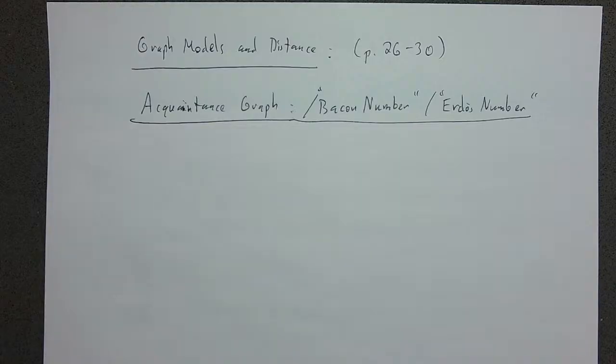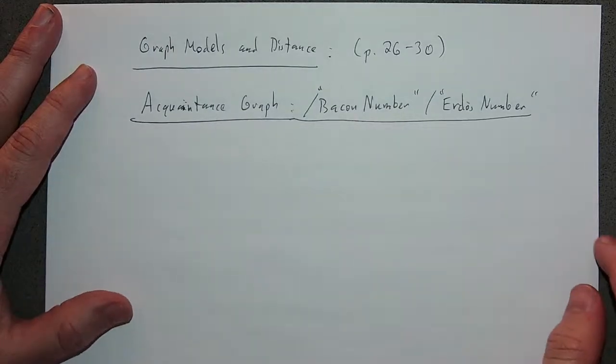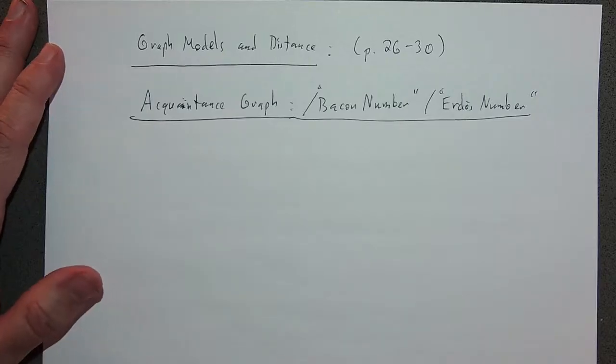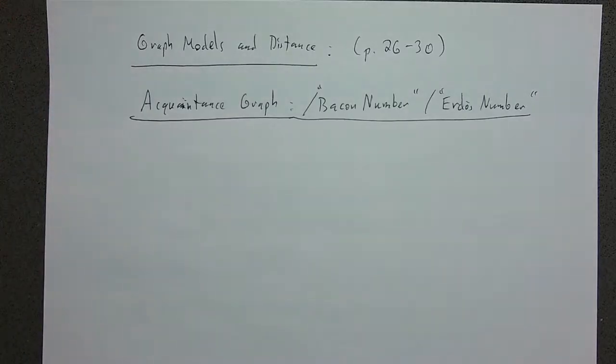So what is the idea here? The canonical example of an acquaintance graph is you think of every single person in your life that you know. And when we use the word know, this is basically anyone you've ever interacted with, in person or online. Maybe they're anonymous and you don't know their real name, so you give them some label, like cool guy 4792.